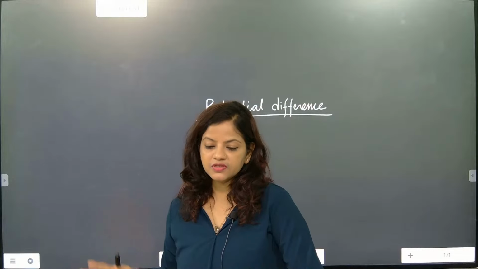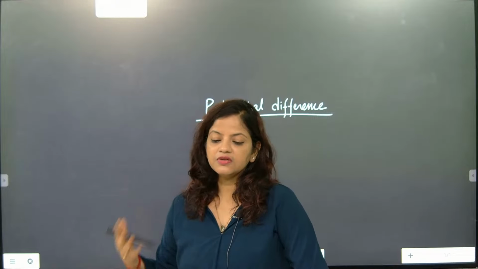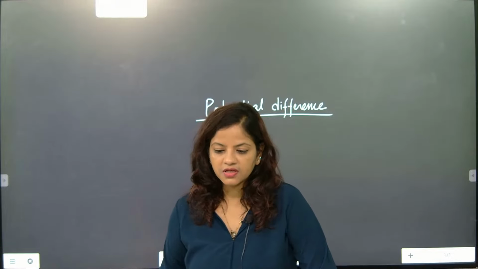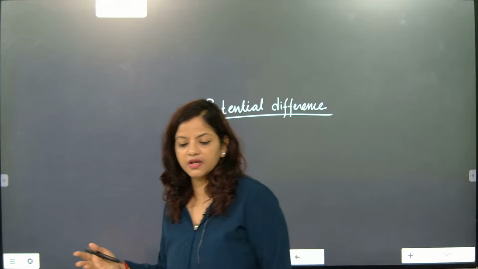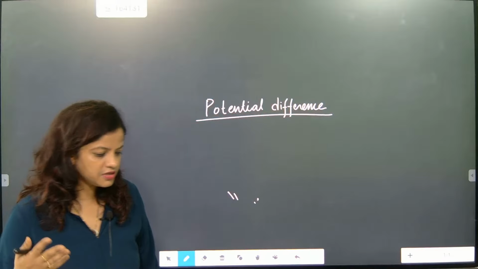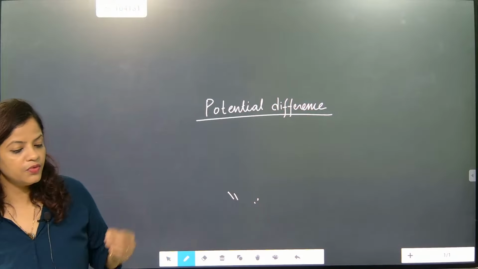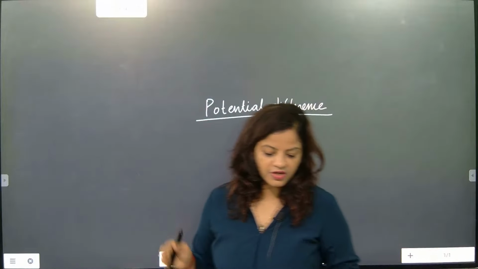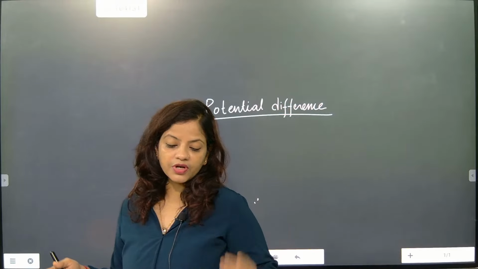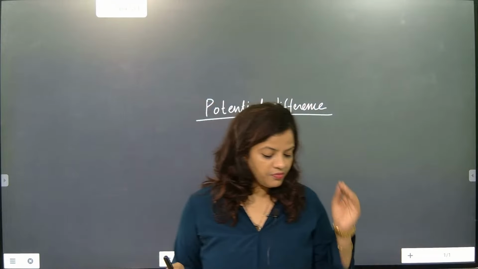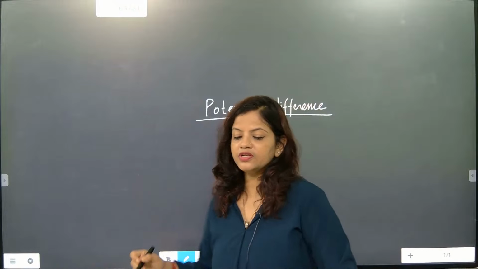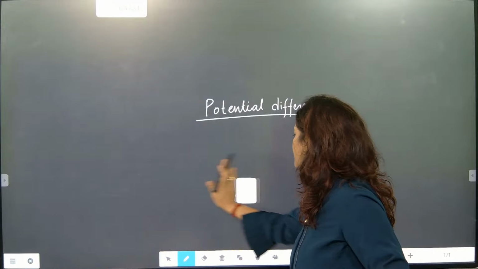One potential difference is generated, and that potential difference allows the current to flow in a circuit. So the question asked is what makes the current flow in a circuit? The correct answer is the potential difference between the ends of the wire.